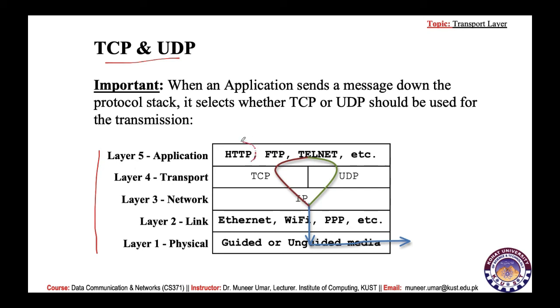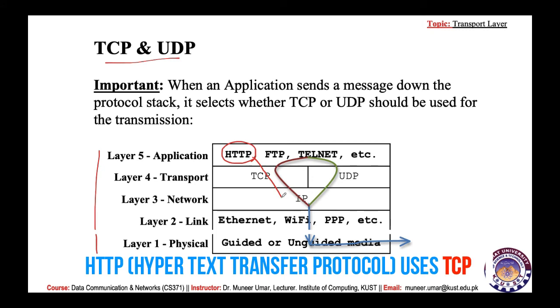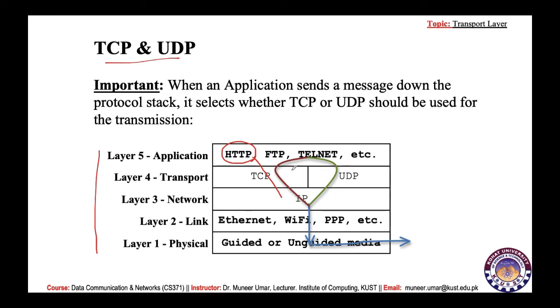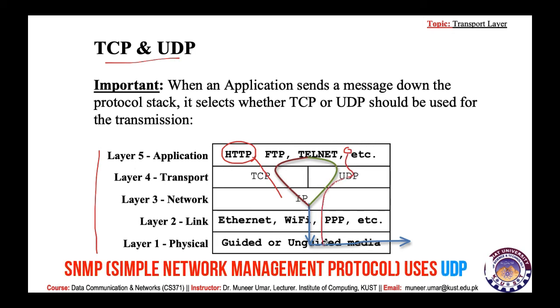For example, HTTP must select from these two at the transport layer. HTTP usually selects TCP, and after that moves towards the network layer. We may have some protocols like SNMP, which selects UDP and then moves towards the network, data link and physical layer for the transmission.